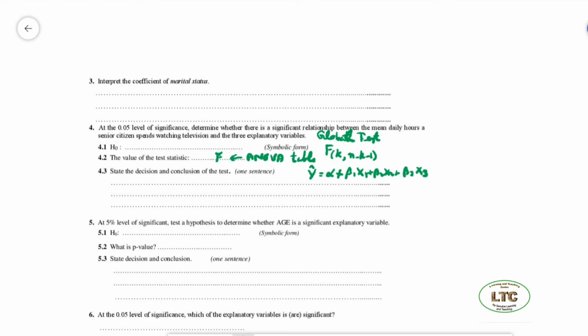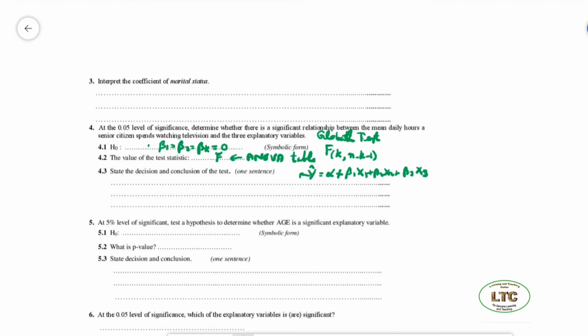Therefore we are testing. This equation will show dependence of y on x1, x2, x3 if some of beta 1, beta 2, beta 3 are non-zero. If all are zero, the equation does not show any relationship of y over x1 to x3. Therefore H0: the equation is nothing.